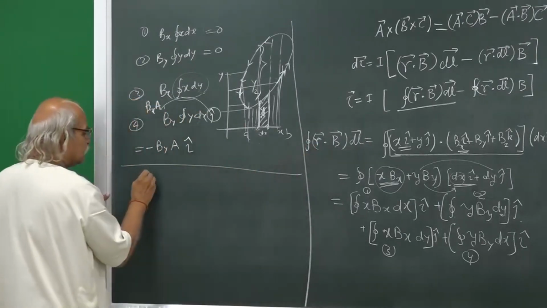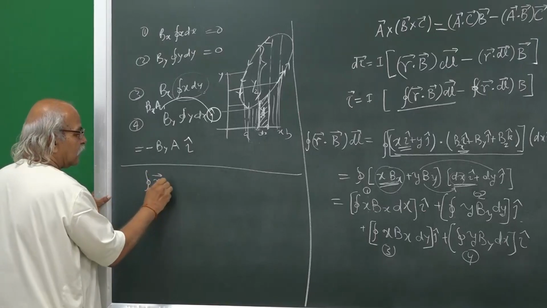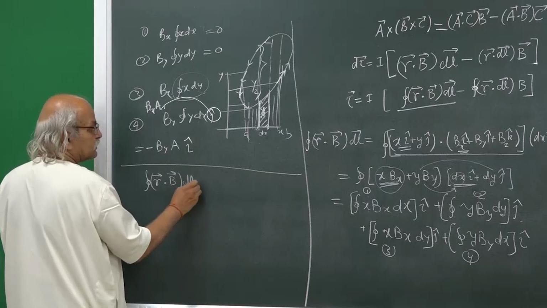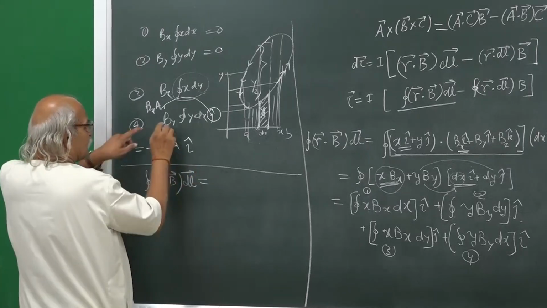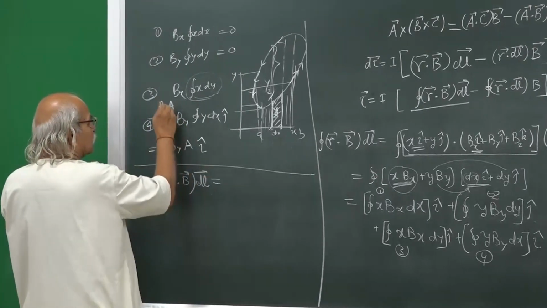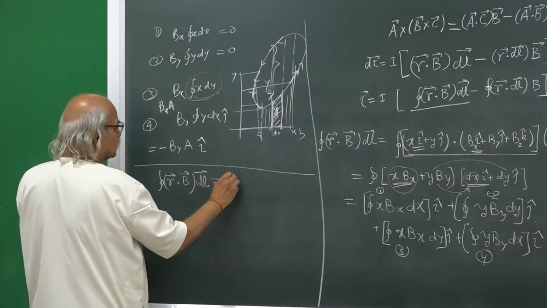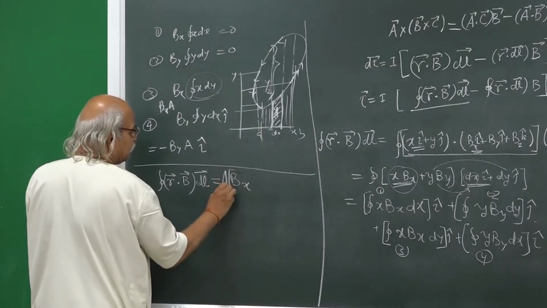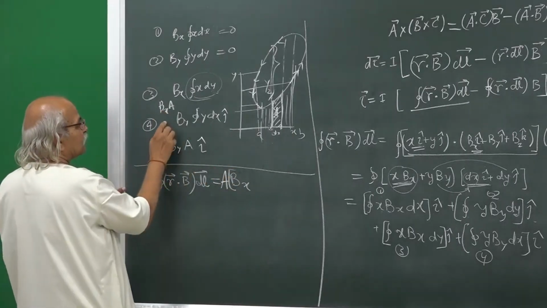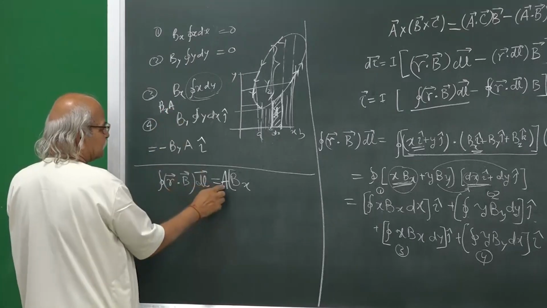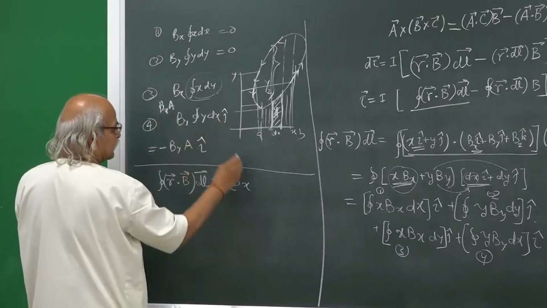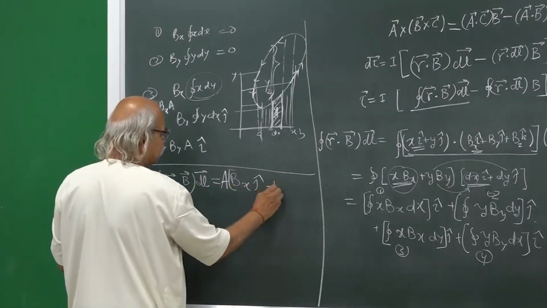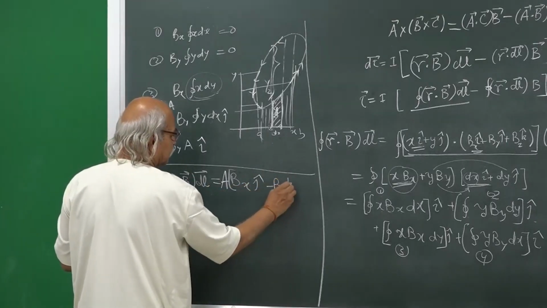So this integration of r dot b dl is equal to, from 3 and 4, bx times the area, a, which we can write outside, and then j cap, and then minus by times the area, and I cap.